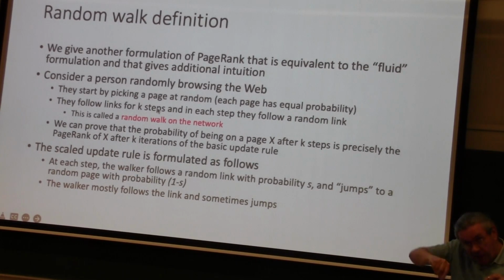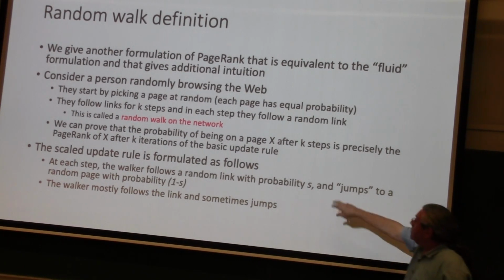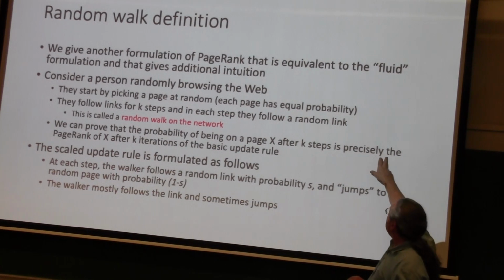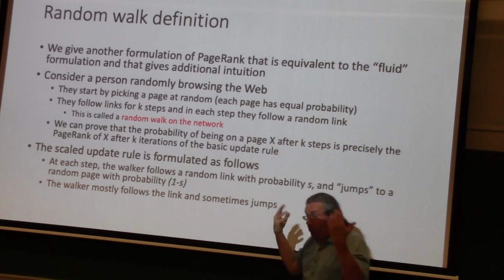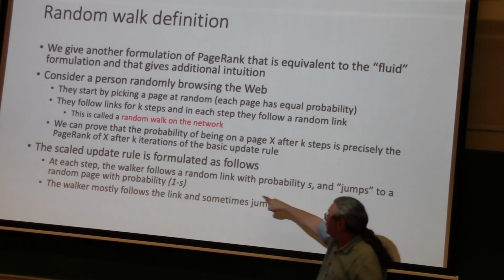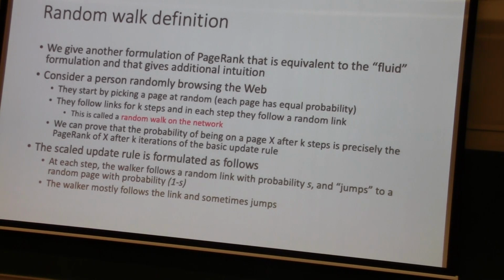So it's like I'm walking randomly on the network, okay? And you walk K steps, and then you jump to some random page, you walk K steps, then jump, and you walk K steps. So the walking is exactly the PageRank after K iterations, and the jump is the raining, jumping to a random page with probability 1 minus S. Okay, so it turns out they're equivalent, which we will see in 2 minutes.